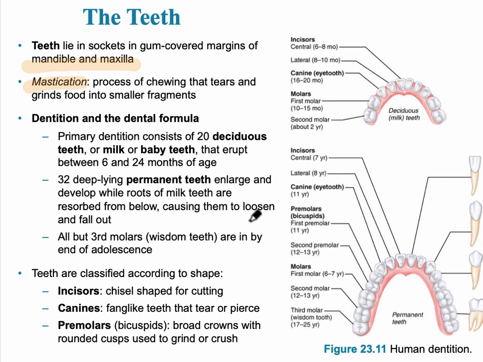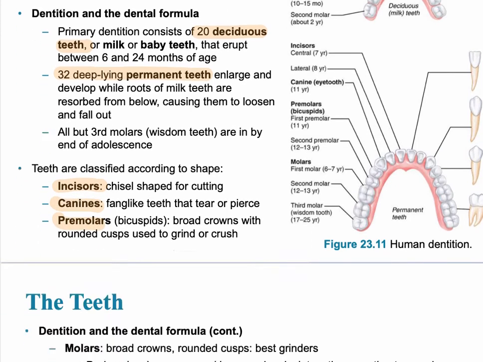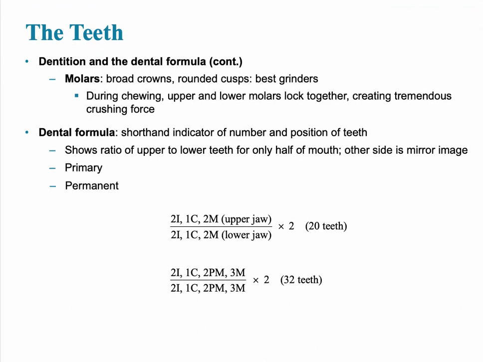There are baby teeth: 20 deciduous teeth that erupt between the ages of 6 and 24 months. And then finally, the permanent teeth are present, and there are 32 of those. Those groups of teeth are classified by shape: incisors, canines, premolars, and molars.